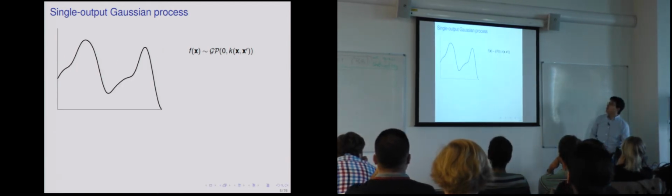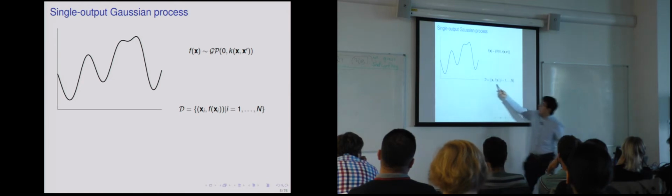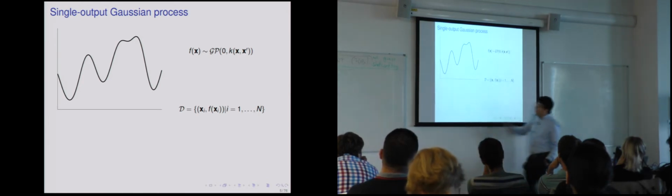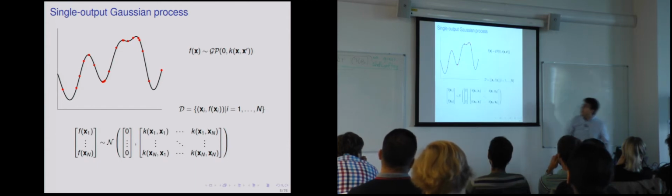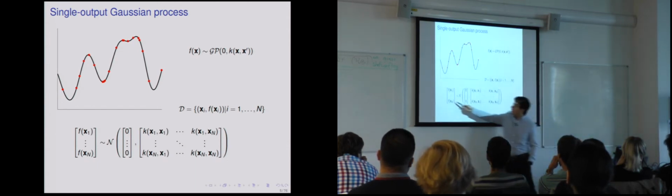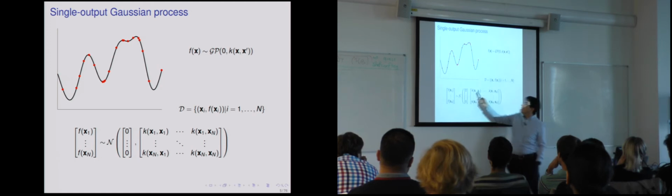This is another sample from this Gaussian process. If we define some input locations, then for those input locations we are looking at some random variables. And what we say in a Gaussian process is that if we group those random variables defined for those input locations, then this random vector is going to be Gaussian distributed in this way.